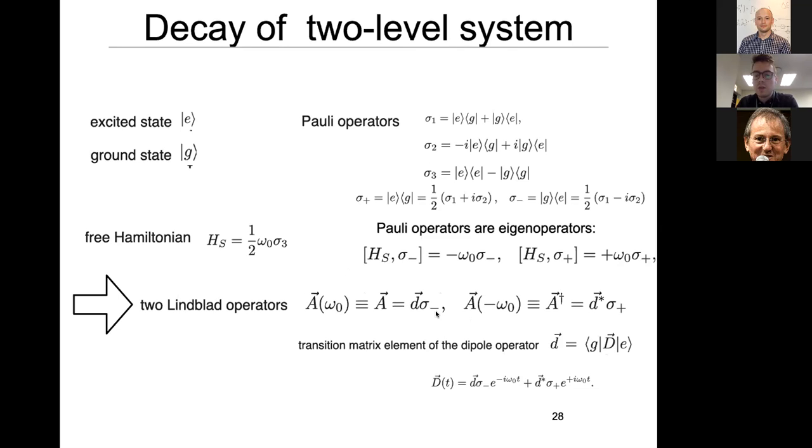They're just proportional to these lowering and raising operators, and also depend on the transition matrix elements of this dipole operator. And in the interaction picture, we can then write our system interaction operator in the following way. Again, this is just exploiting this eigenoperator relation.